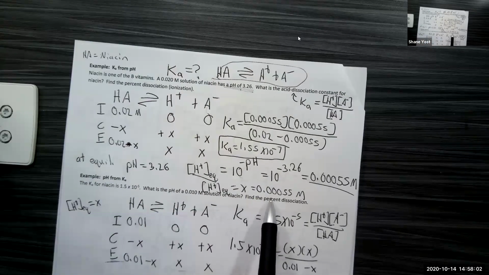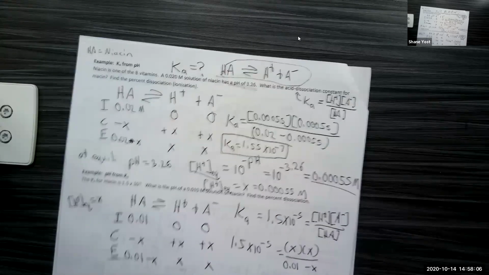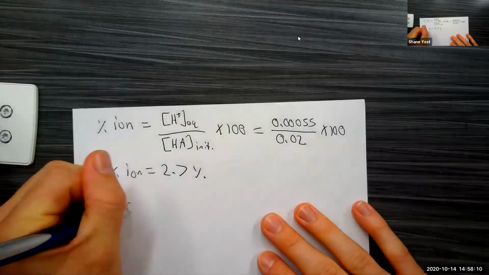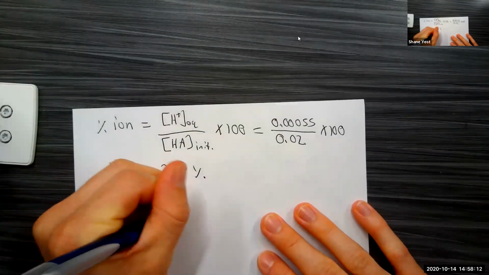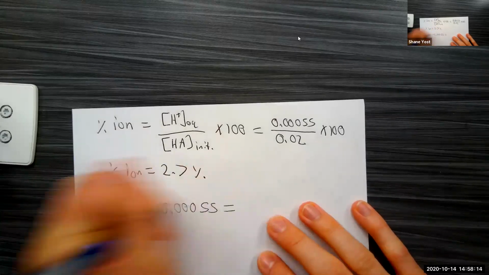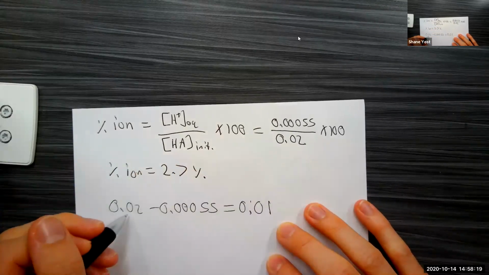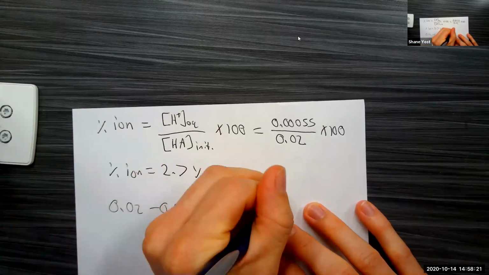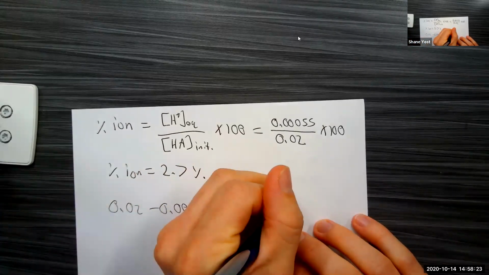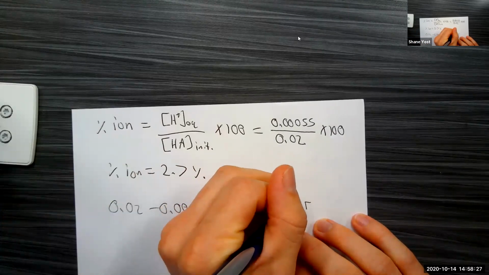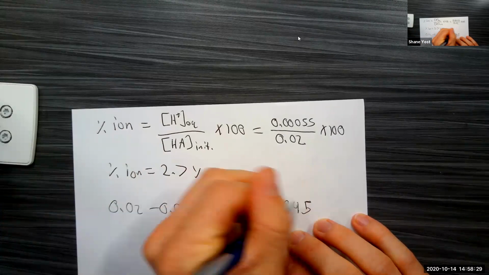At equilibrium, X was 0.00055. So if I look at 0.02 minus 0.00055, that is 0.01994, or, no, 0.01945.